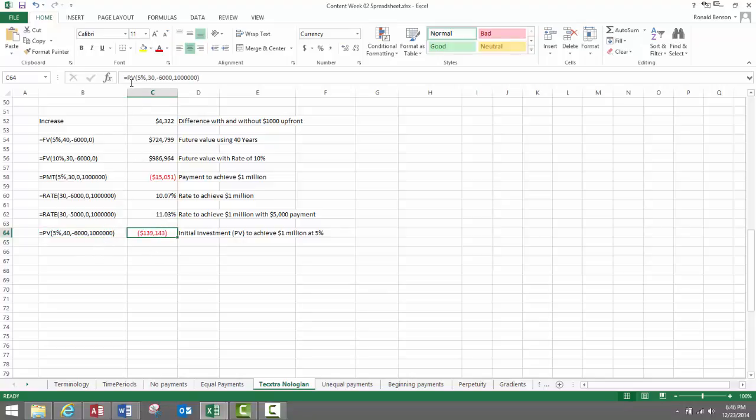The present value, using the present value function, would be $139,143. If she could take out of her inheritance, or had that much inheritance, $139,000, put that in the account to open it with, and then $6,000 a year for 40 years, she'd have her $1 million even at the 5% rate. And that shows how to use the various functions in various situations.